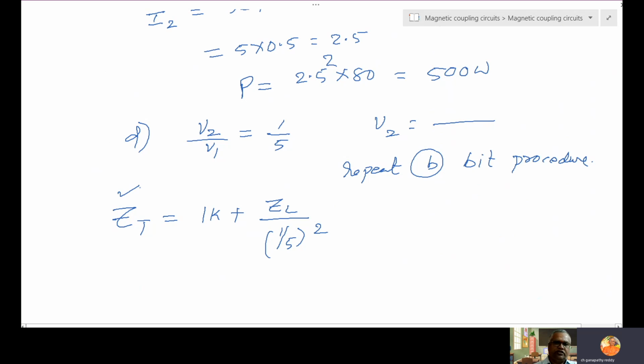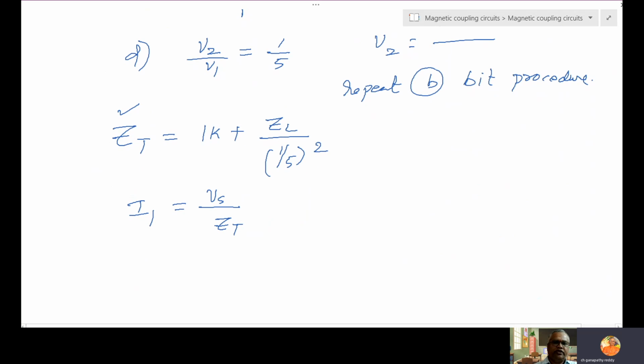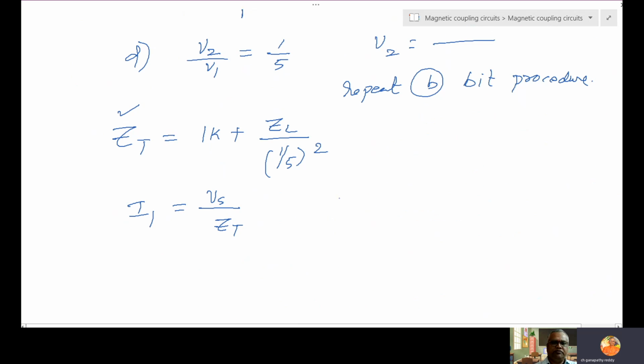Using this, find ZT. Then find I1, which is Vs by ZT. Once you get I1, repeat the procedure of the C bit.